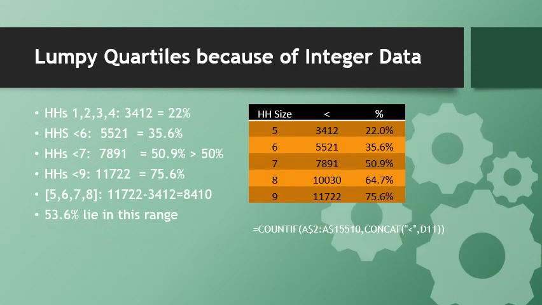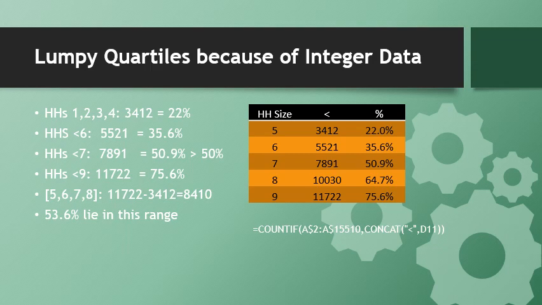Because the household size increases by integers, there are some difficulties in exactly matching the definitions of the quartile. So if we look at household size, 5 is the first quartile. If we look at household size of 1, 2, 3, and 4, this consists of 3,412 households, which is about 22% of the data, not 25%. That's because some households of size 5 have to be included in this count in order to come up to the 25%, which is the definition of the first quartile.